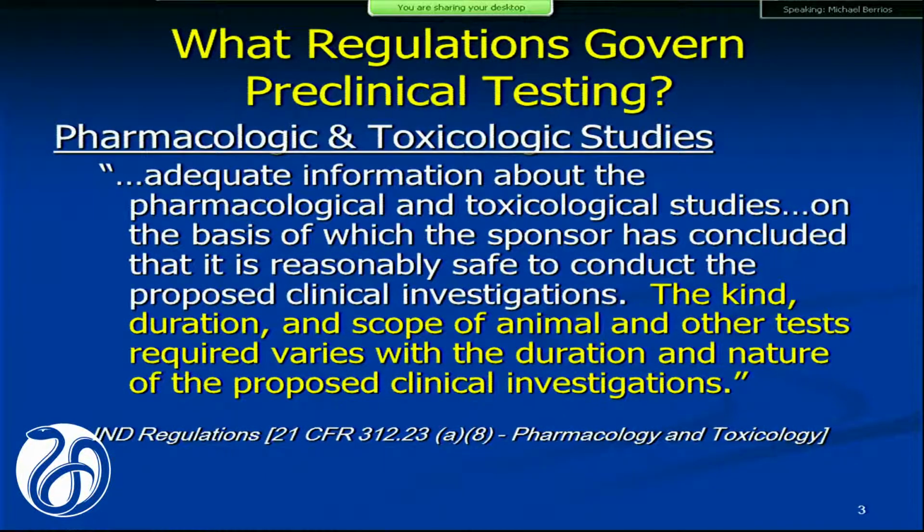This slide is a selection from the IND regulations from Chapter 21 of the CFR. The regulation states that prior to a clinical trial, a sponsor should provide adequate information about the pharmacological and toxicological studies. The kind, duration, and scope of animal and other tests required varies with the duration and nature of the proposed clinical investigations.